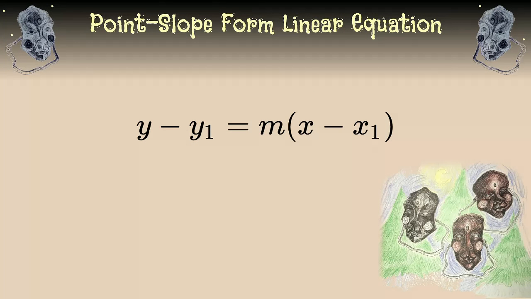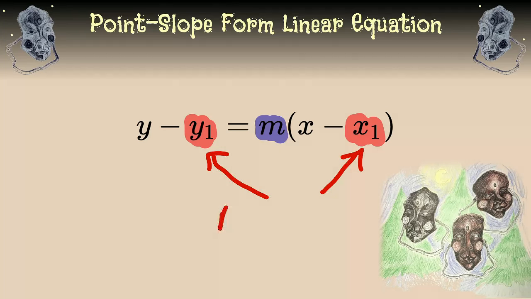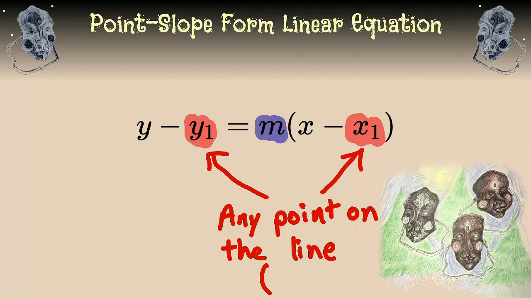Last week we learned the point-slope form of a linear equation. And again, we are given the slope and we are given a point. So this is any point on the line. And I hope you guys are taking notes. Any point on the line, (x1, y1), and m is the slope.